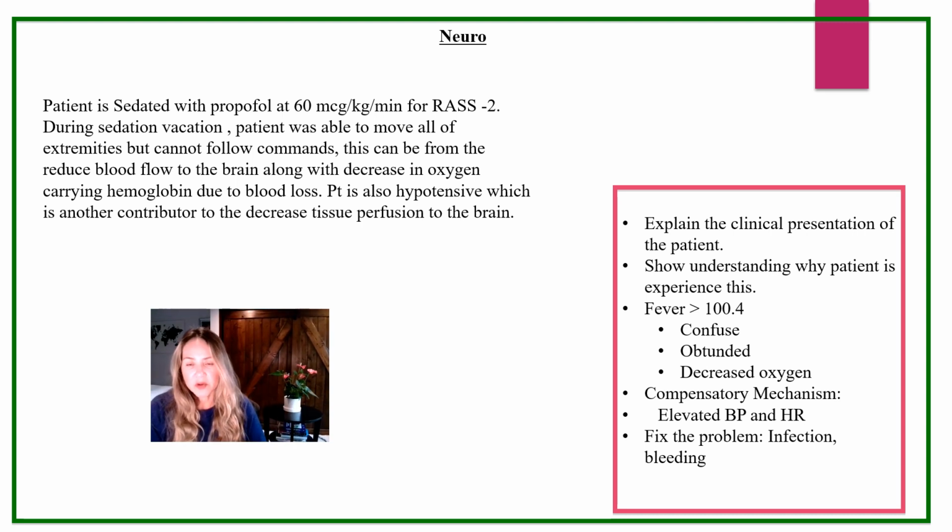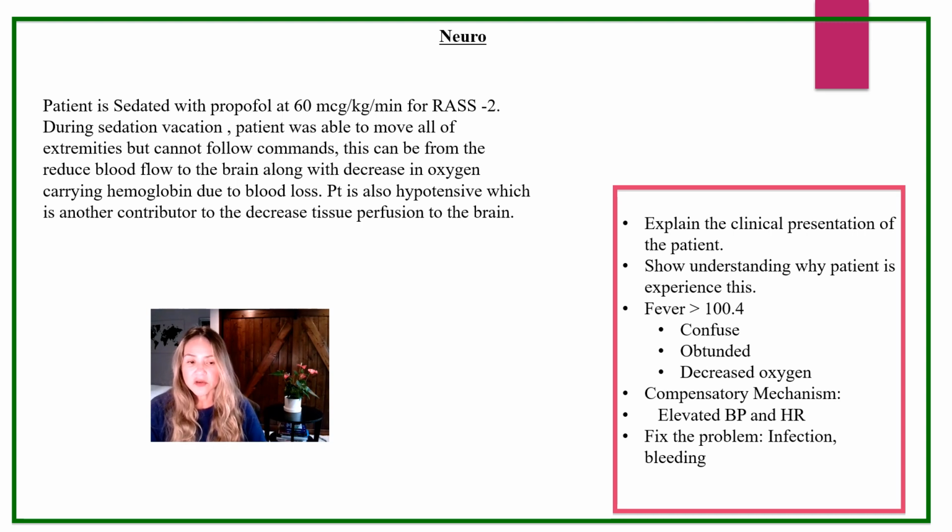For example, the patient that we did in this scenario was found unresponsive with a low saturation and low hemoglobin. So I always ask the students how a low saturation can affect your brain, how a low saturation can affect your level of consciousness, how a low hemoglobin can affect your oxygenation to your brain.